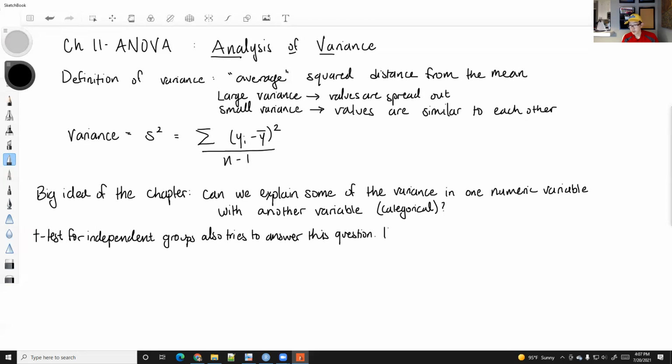It looks at a numeric response and quote unquote explains some of the differences by using a grouping variable.